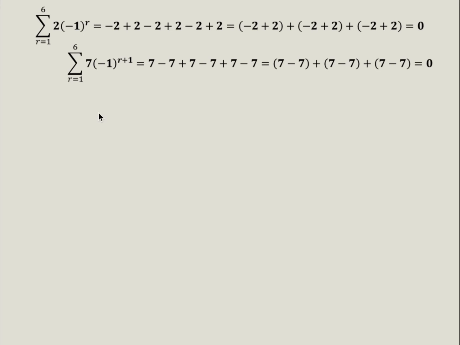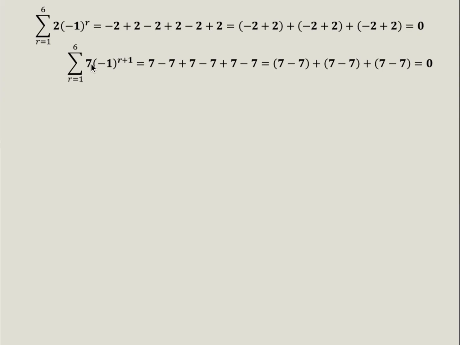In the next example, we have summation from r equals 1 to 6 of 7 into negative 1 to the r plus 1. The first term would be when r equals 1, and when r equals 1, negative 1 would be raised to the power 2, which will give 1, and 1 times 7 will give 7. When r equals 2, you would have negative 1 to the power 2 plus 1, which gives negative 1 to the power 3, and negative 1 to the power 3 is negative 1.